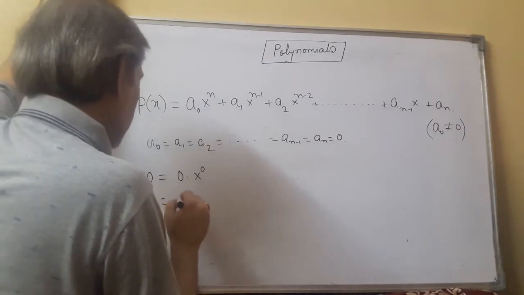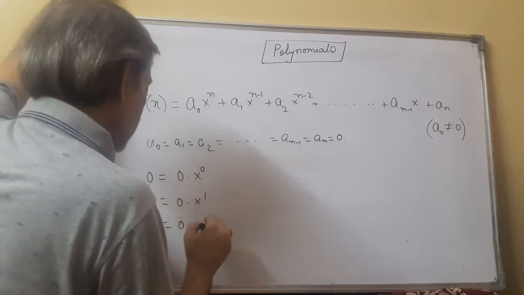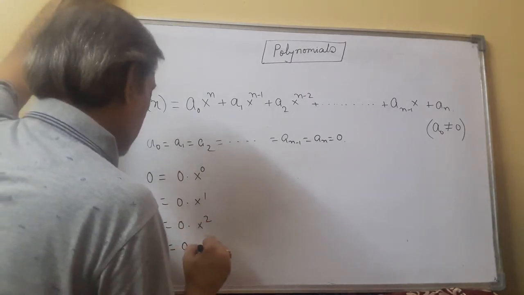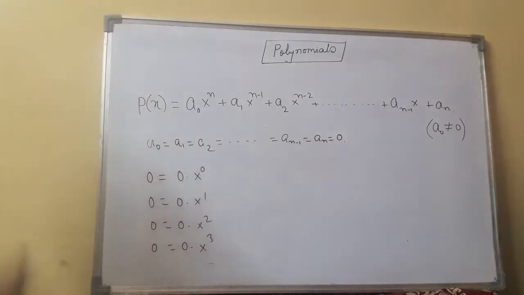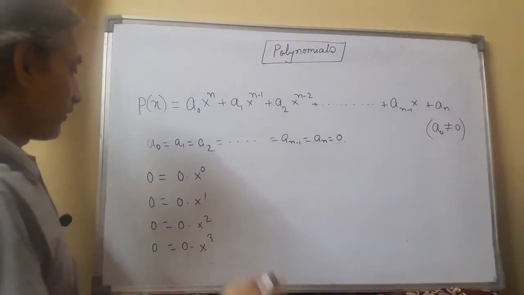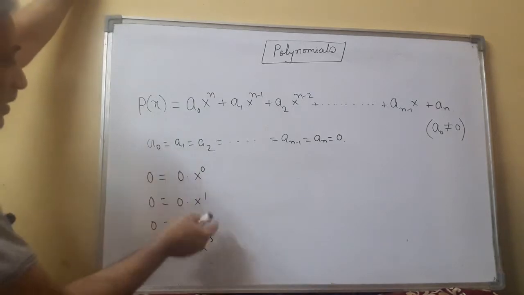We can write 0 like this, and we can go on writing. How much power of x should we give? 1, 2, 3, 4, 5, 6, 100, 1 lakh, 1 crore.